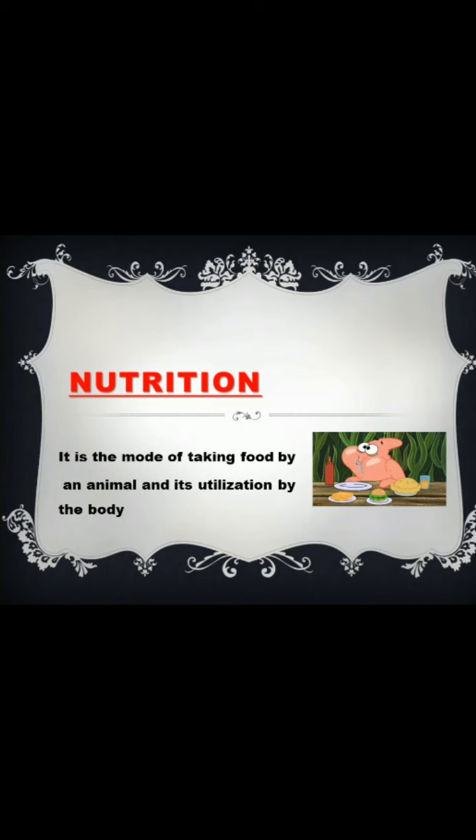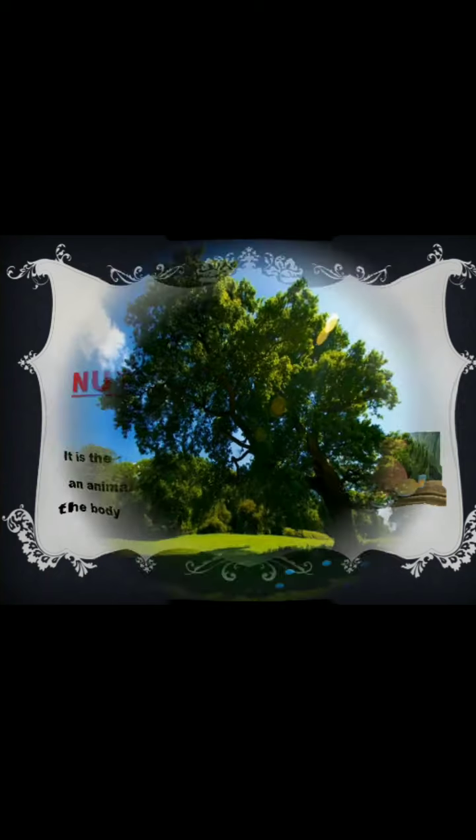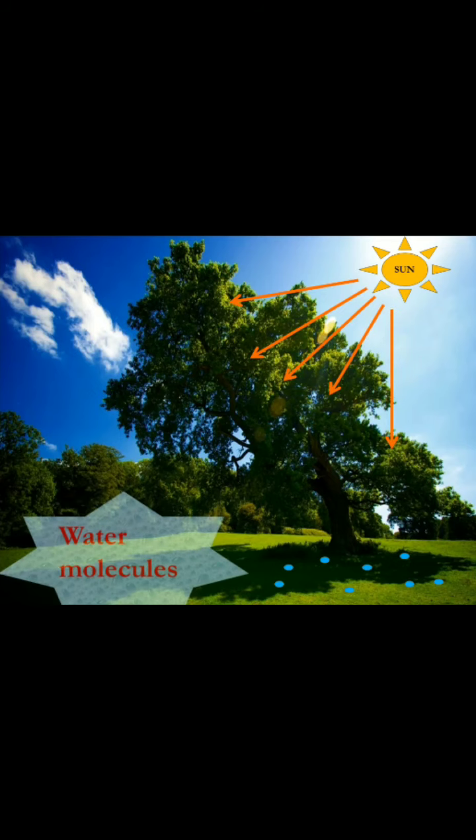Nutrition is the mode of taking food by an organism and its utilization by the body. Students, you have already studied in chapter 1 that plants can prepare their own food. Plants use carbon dioxide from air, water from soil, and light energy from sun.